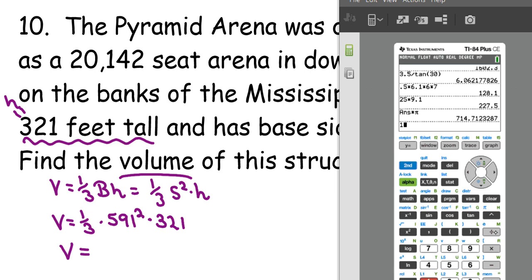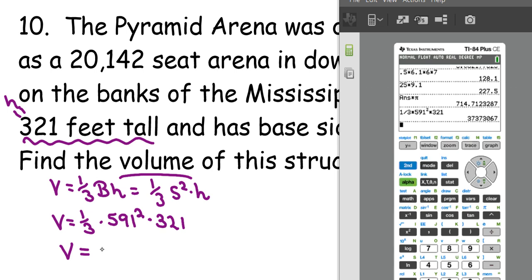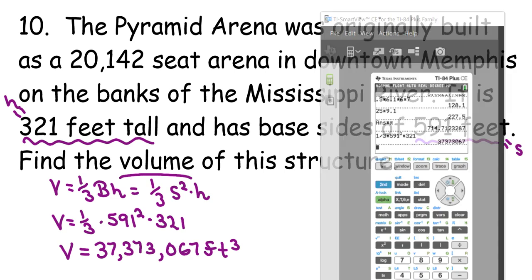So 1 divided by 3 times 591 squared times 321 for the height. And we get a rather large number there, 37,373,067. And this is all labeled in feet, so it's going to be feet cubed. Okay, check off number 10.